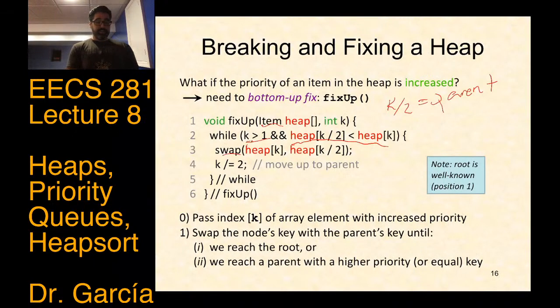And then this would move up to the parent. And rinse, repeat, until either I have nothing to swap because the constraint is satisfied, or K is 1 or less, which means that you've gone all the way up to the root. So pretty simple. Very efficient code too. Can anybody point out what's the runtime of this operation?